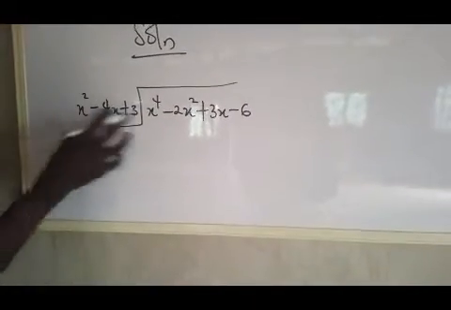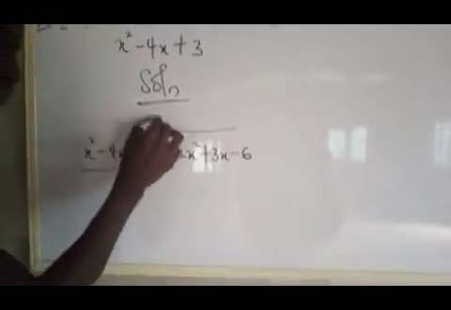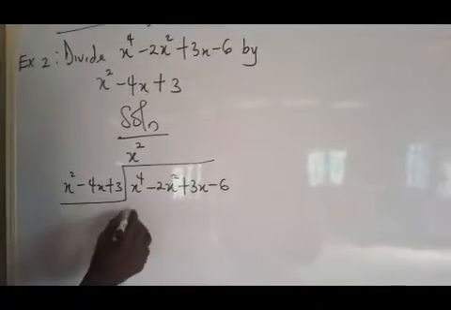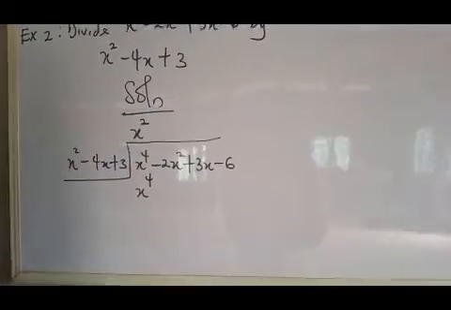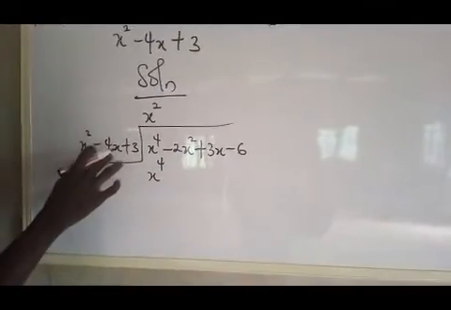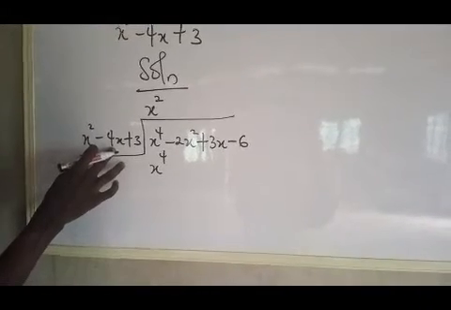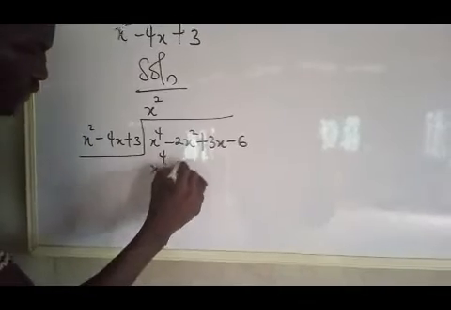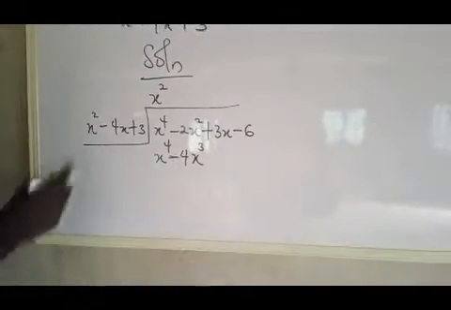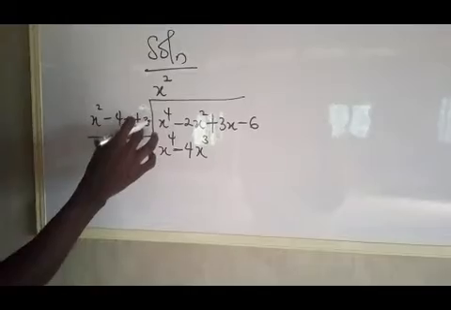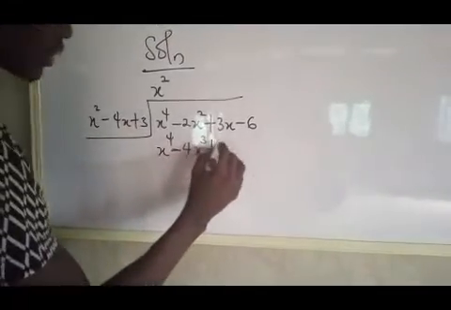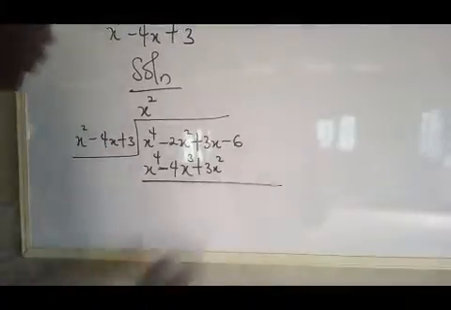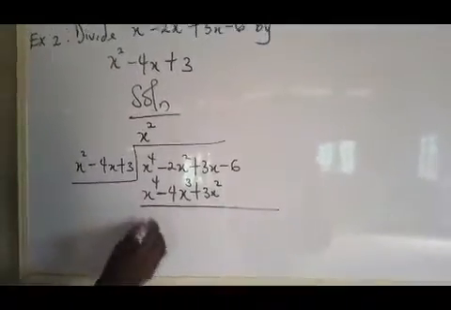So x squared in x raised to power 4 will give us x squared. x squared times x squared gives x raised to power 4. x squared times minus 4x gives minus 4x cubed. x squared times 3 gives plus 3x squared. Then x raised to power 4 minus x raised to power 4 becomes 0.